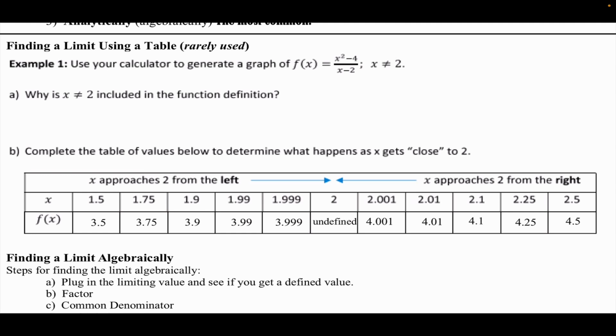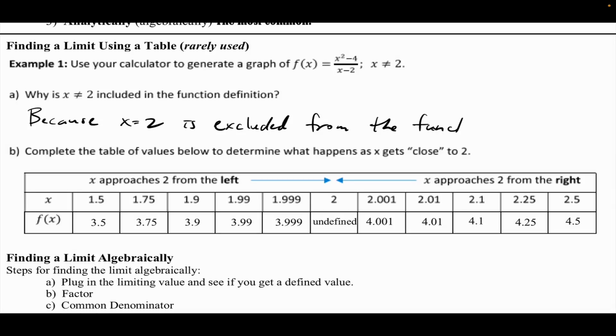So why is 2 excluded from the function? Because x equals 2 is excluded from the function because we can't have 0 on the bottom. 0 on top, totally okay. 0 on bottom, we can't have.